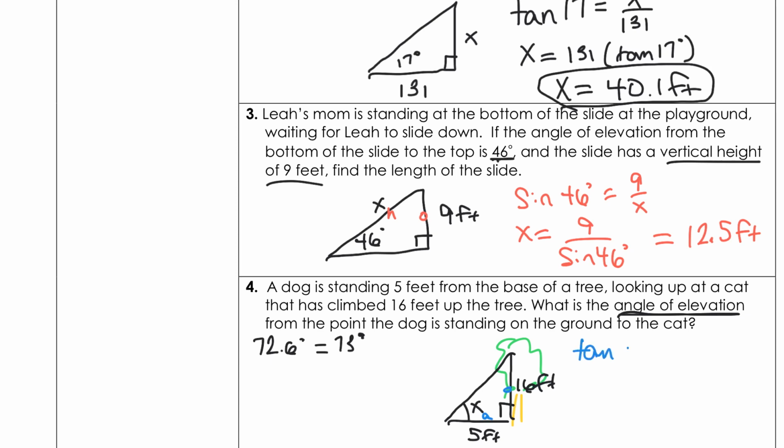So tangent of x equals 16 over 5. So we have to take the inverse function: inverse tangent of 16 divided by 5, which would equal approximately 73 degrees. Now, that is the angle of elevation.